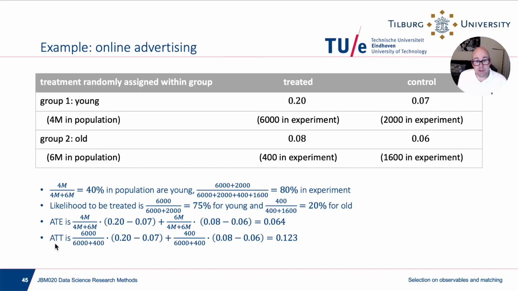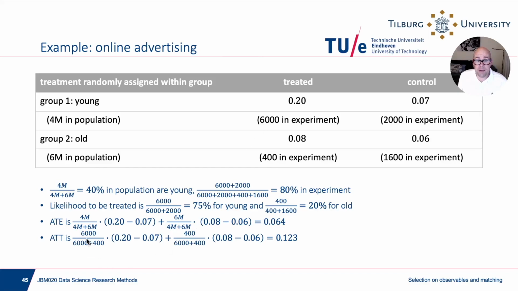The average treatment effect on the treated is calculated in a similar way, but uses different weights. So what we now have to do is we again take these two treatment effects, but then we put the weights from this column here. So in total, we had 6,400 people who were treated. 6,000 of them were young.